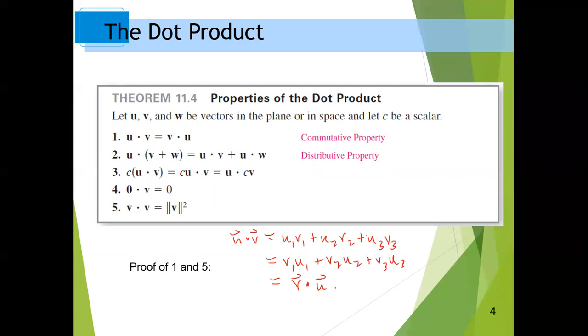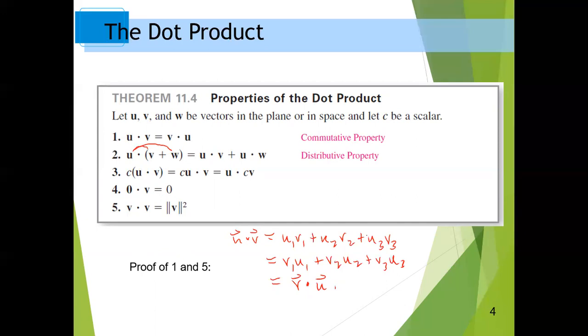Yeah? Okay. So that's how you would kind of verify that the commutative property actually holds in this case. Okay. The second one is the so-called distributive law. If I want to take the dot product of U with the sum of two vectors, then I could basically take the dot product of each individual thing dotted with U and then take the sum. Makes sense, right? The distributive law holds. And I could actually show this if I wanted to. What about a scalar times the dot product of a vector?